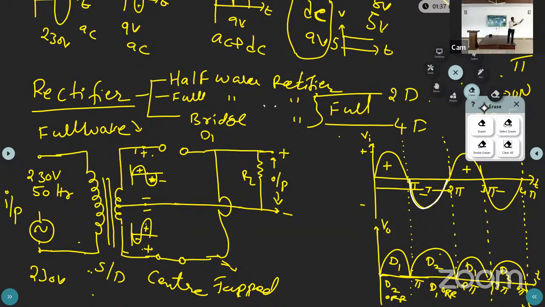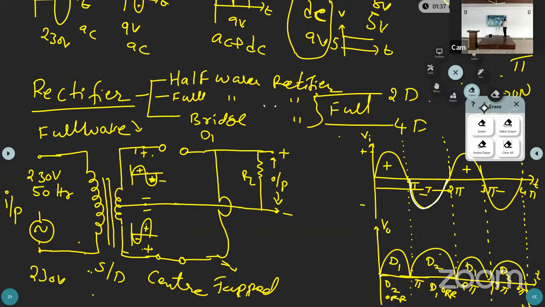That is called the efficiency. All parameters are the same for the full wave and bridge rectifier. The only difference is 2 diodes versus 4 diodes. The full wave uses a center tapped transformer and the bridge rectifier uses a normal transformer, which costs less.